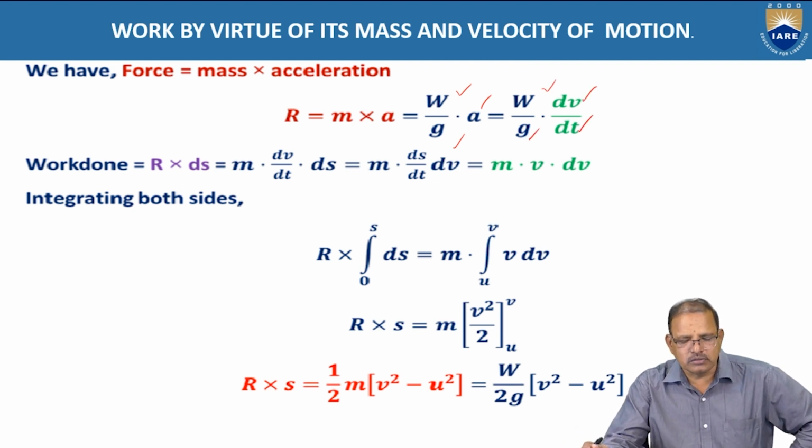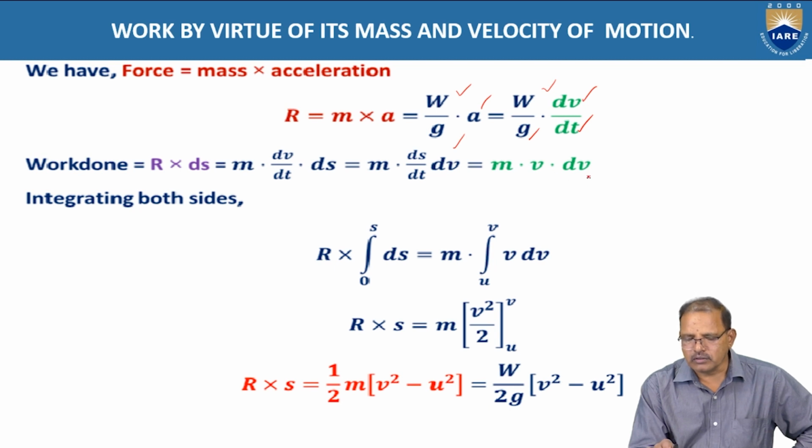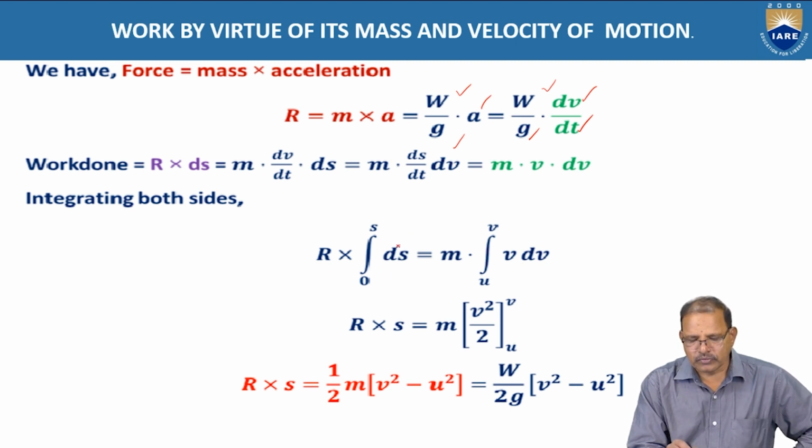So work done is equal to m into dv by dt, which we can also write as m into ds by dt into dv, or m into v into dv now. So R into ds integrated from 0 to s is equal to m into the integration of v dv from u to v.